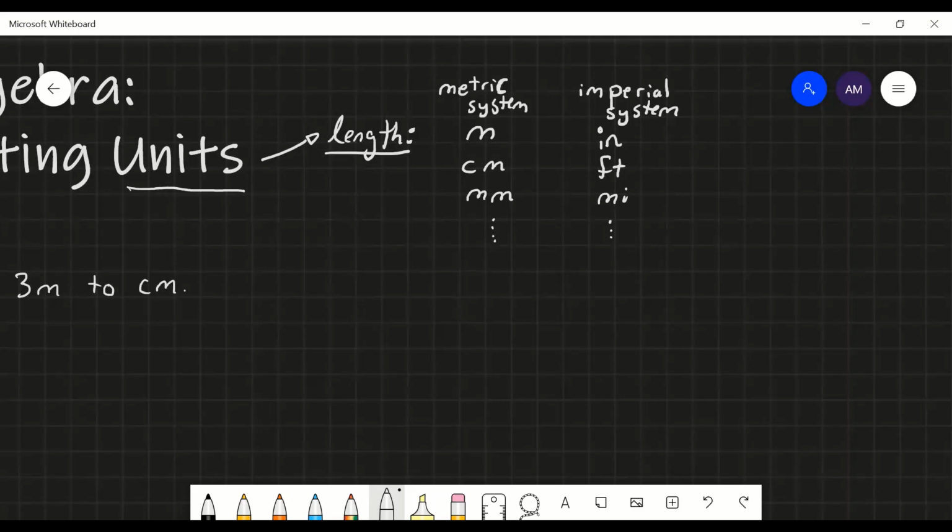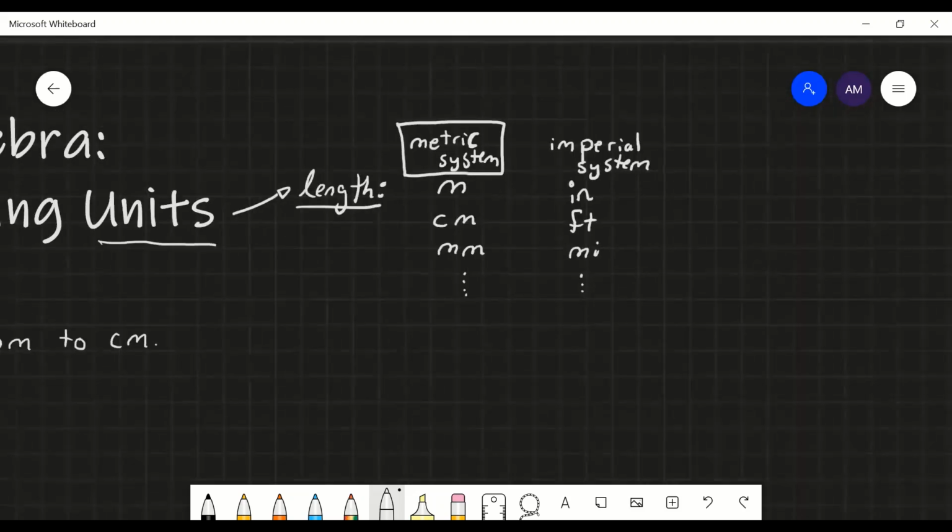The difference between the imperial system and the metric system is just history. So the metric system was mostly used for science. So it's more of a new system. Everything in the metric system is based off of the measurements of water, because water is such an important thing in science.